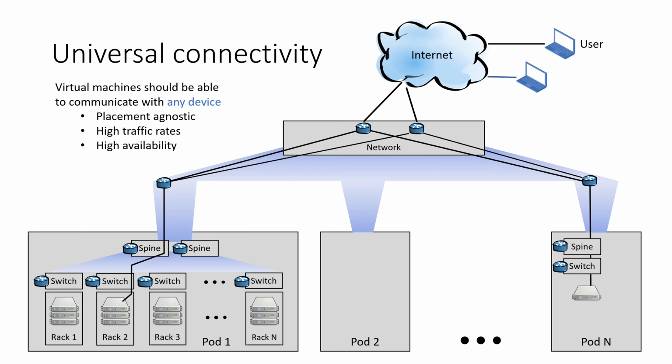And this should consider that virtual machines and containers might be placed anywhere in the data center and across multiple data centers. So universal connectivity is placement agnostic. It doesn't care about where one of the endpoints is located. Also, when we talk about universal connectivity, we assume that the network has high capacity and is available all the time. So we have these implicit assumptions that the network just performs well.